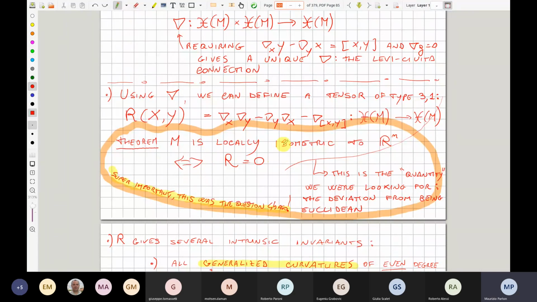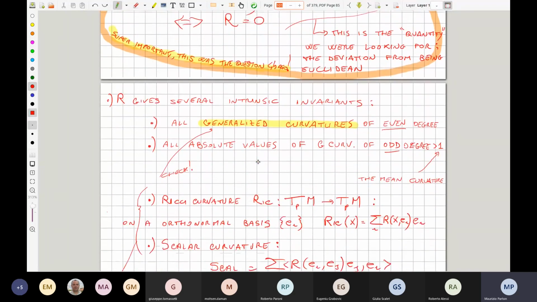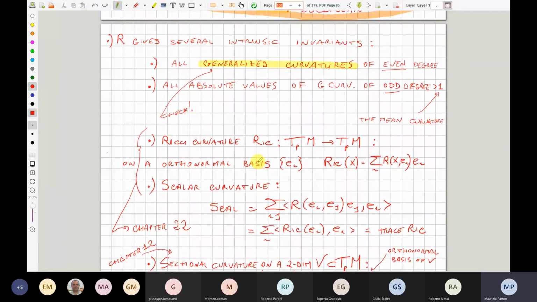And this is the theorem I was referring to. The manifold is locally isometric to the Euclidean space if and only if the Riemann tensor is 0. But usually checking that the Riemann tensor is 0 is a very strong assumption, okay? And so you sometimes ask for something less strong.